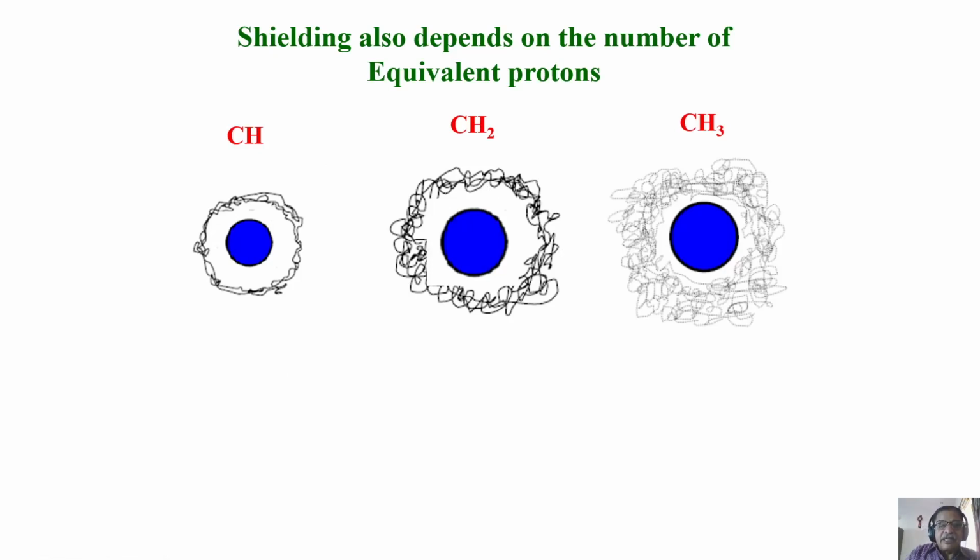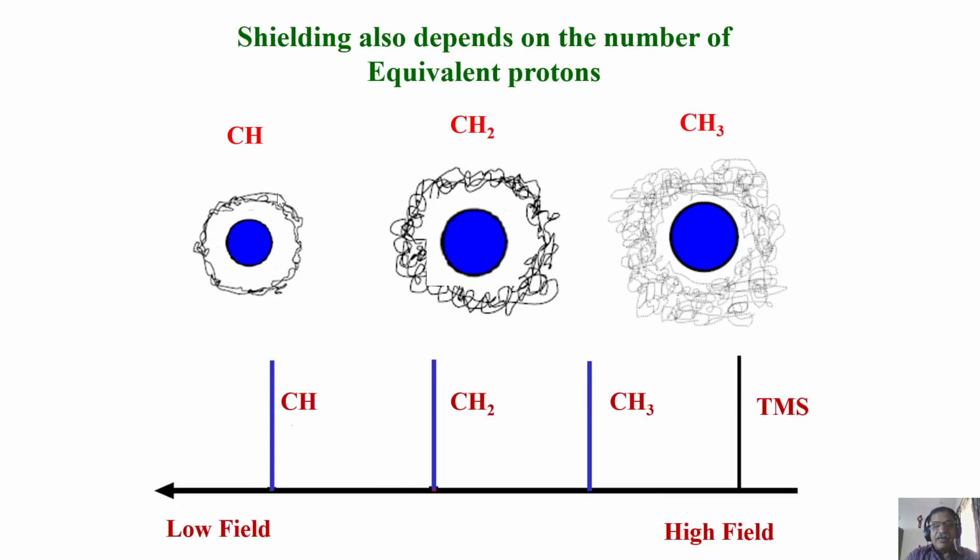Because the charge distribution around the nucleus for CH2 is in between that of CH and CH3. As a consequence, if I look at the NMR spectrum of a molecule containing CH, CH2 and CH3, forgetting about other parameters, just for the purpose of explanation, CH3 should come here, then CH2, and then CH.